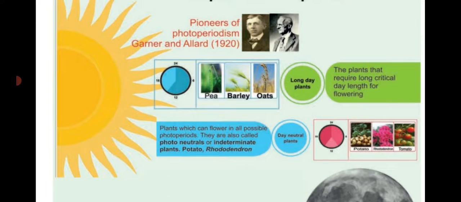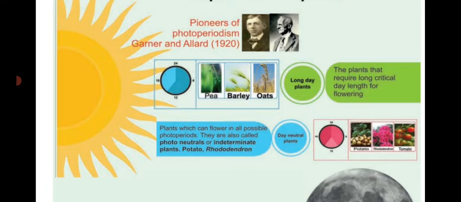The flower is responsive to all possible photoperiods. That means they produce flowers in both long critical daylight period and short critical day length period, known as day neutral or indeterminate plants. Examples: potato, rhododendron and tomato.